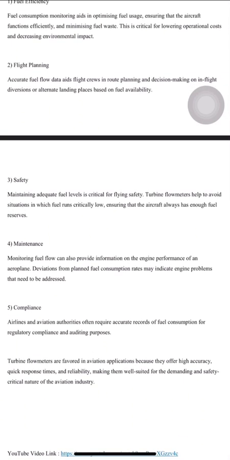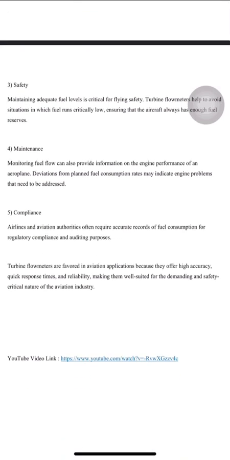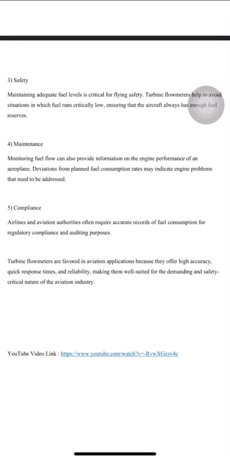And the second is flight planning. Accurate fuel flow data helps flight crew with en route planning and decision making on in-flight diversion or alternate landing places based on fuel availability. And third is safety.